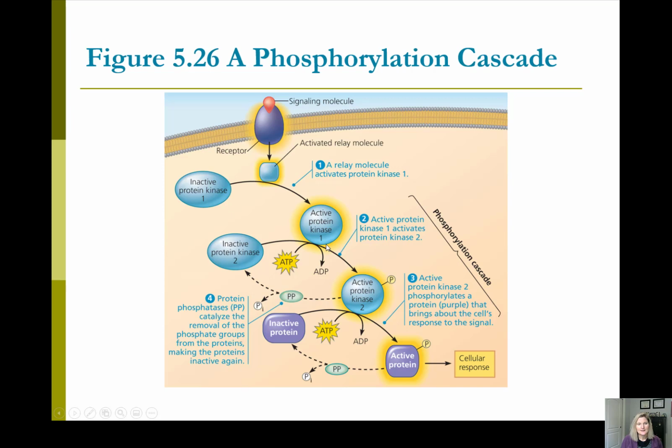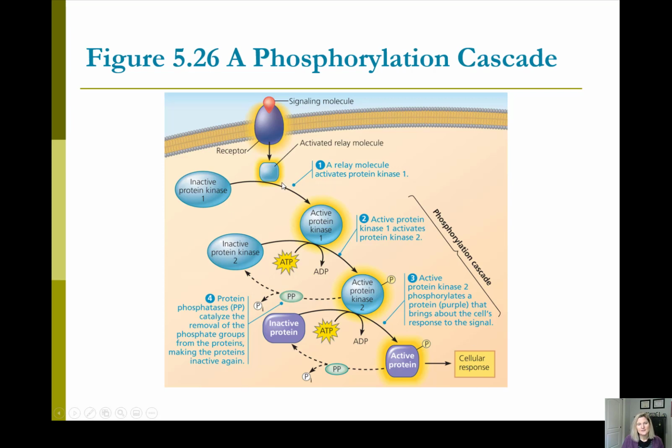And then that active protein kinase 1 will then activate another protein kinase, which we call 2. Okay, so you can see here we have a reaction take place with some cellular energy being used to activate this other protein kinase. And then that protein kinase 2 is going to activate an inactive protein. And that's going to initiate a cellular response.